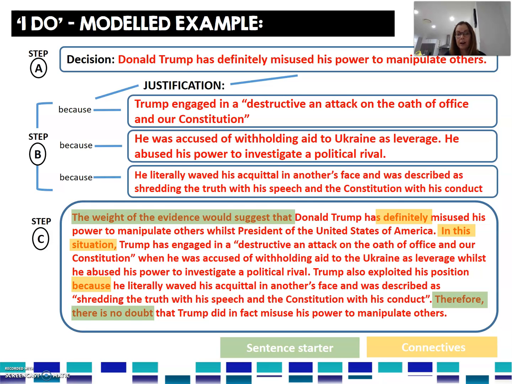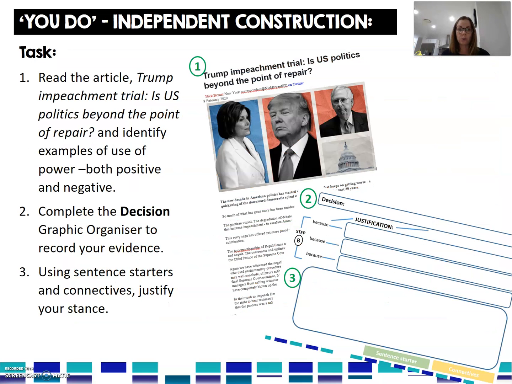You're going to have a go now with the article, Trump Impeachment Trial, Is US Politics Beyond the Point of Repair? You're going to identify examples of the use of power, both positive and negative, complete the decision graphic organizer, and lastly, you're going to construct your justification using sentence starters and connectives to assist you.